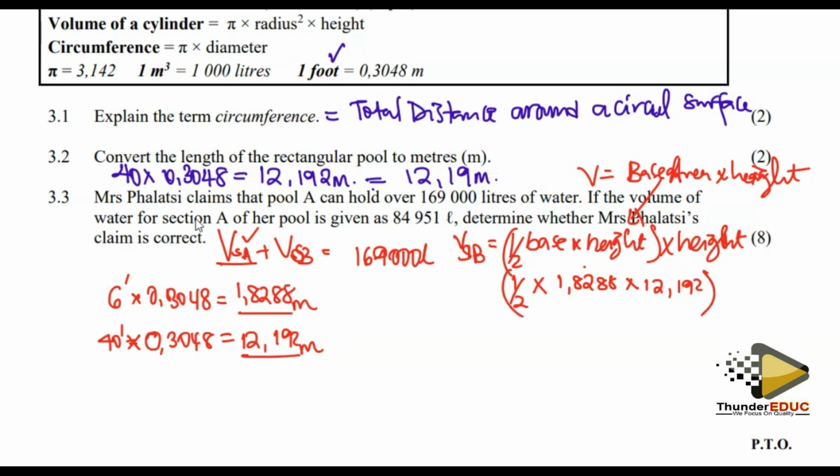I'm looking at the area times the height, which is supposed to be, we forgot to change the 25. 25 is 7.62 meters. So we'll come and change this and put there.